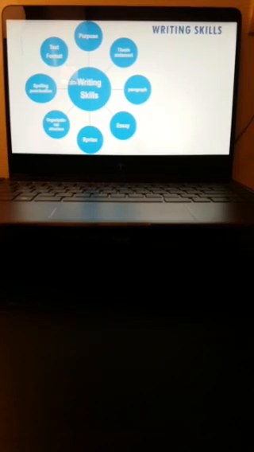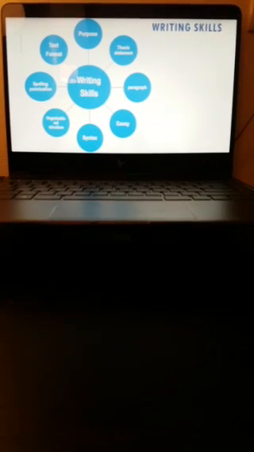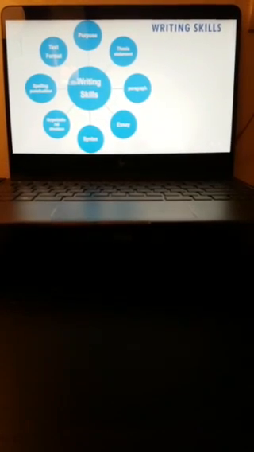After we write the first draft, we have to revise it and then correct spelling mistakes, grammatical mistakes, change sentences, change the order of sentences, add things, delete things, and then write the final draft.